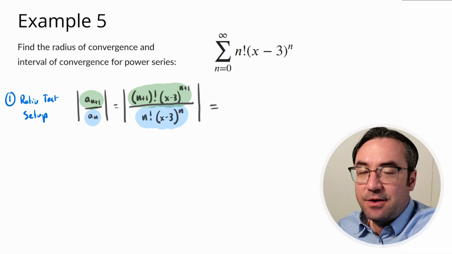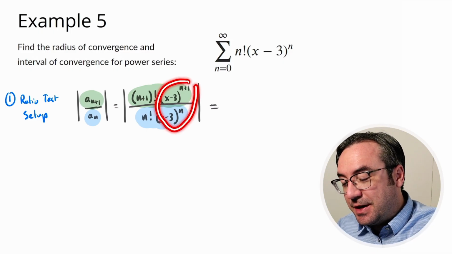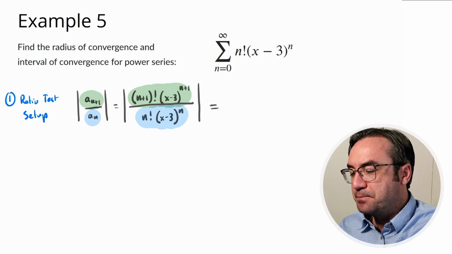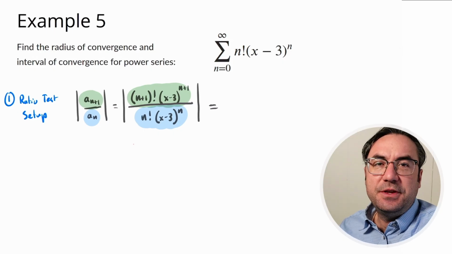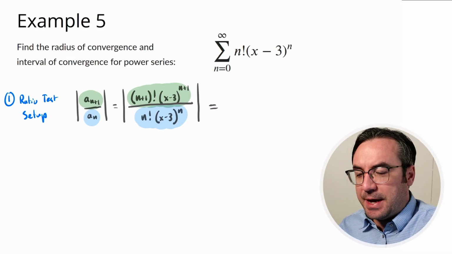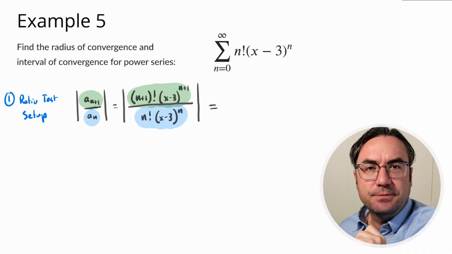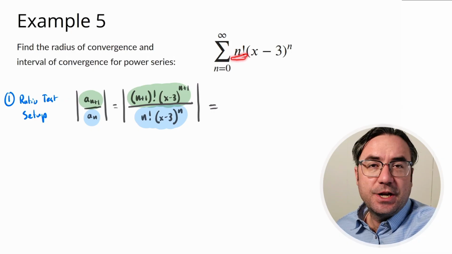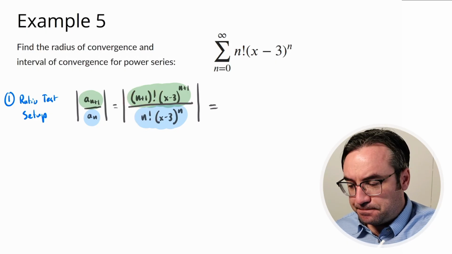Actually, we kind of already have them grouped pretty nicely. So we have these powers of x terms here, and then we have our factorial terms. Now, let's remember what's going on with these factorials. When we go to simplify, normally you want to compare your factorial terms. So when we're doing the ratio test, if our coefficient has a factorial, then we should end up with at least 2 factorials.